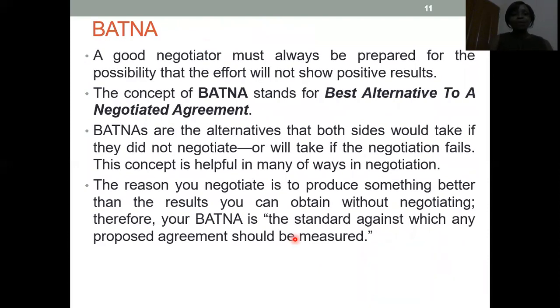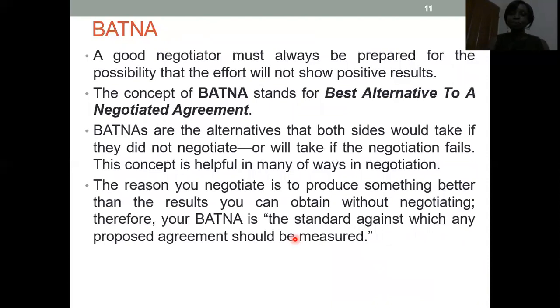Lastly, let's look at BATNA. BATNA means best alternative to a negotiated agreement. Always, the negotiator should be prepared with a BATNA. That means, what is your interest in this negotiation? What do you hope to achieve?